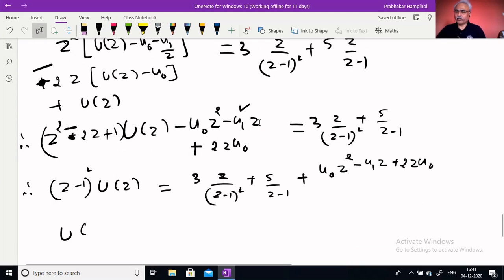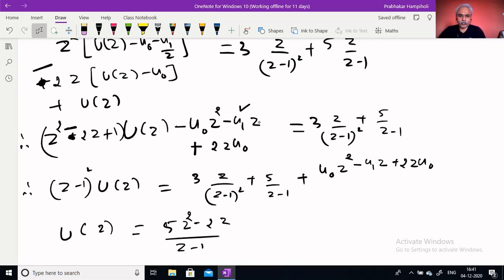U of z can be written as, if you simplify a bit, 5z square minus 2z upon z minus 1 raised to 4. This is one term, plus all u0 terms. See, here also one u0 term is there, here also one u0 term is there.